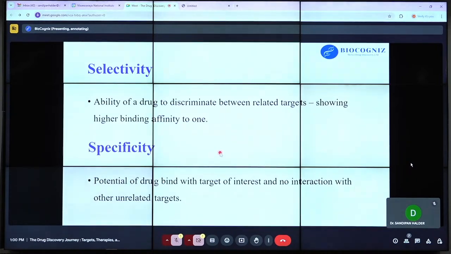So how are we going to achieve this selectivity and specificity? If you are able to achieve this, automatically you can avoid the side effects. Very simple, but achieving this is not an easy task. There are several methods used in the literature. I'm going to show you some of the methods used in the literature and some of the methods I have used in my research. So these are the two things we are going to focus on today.